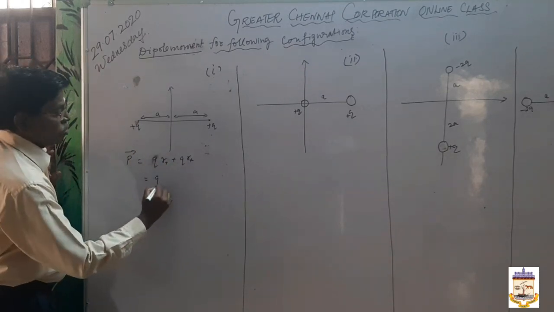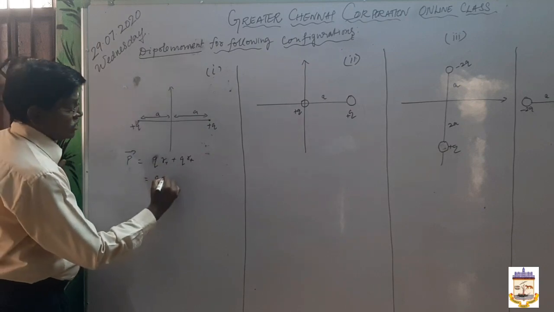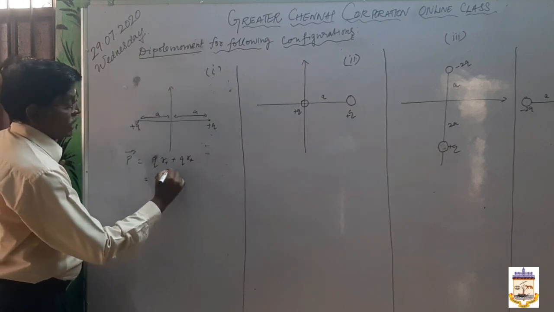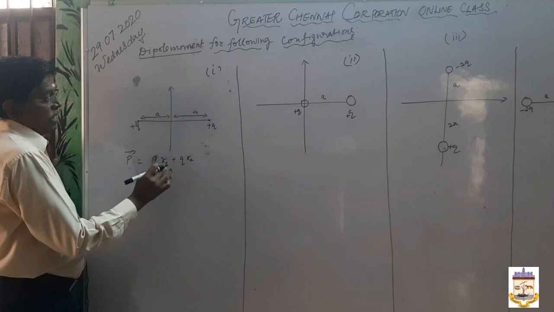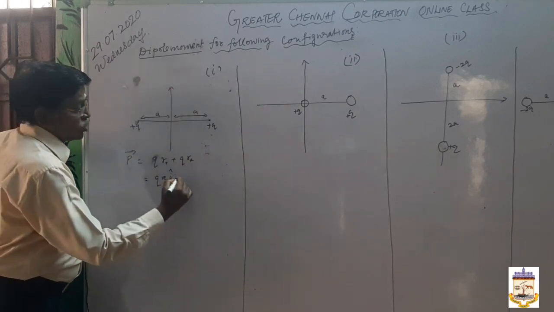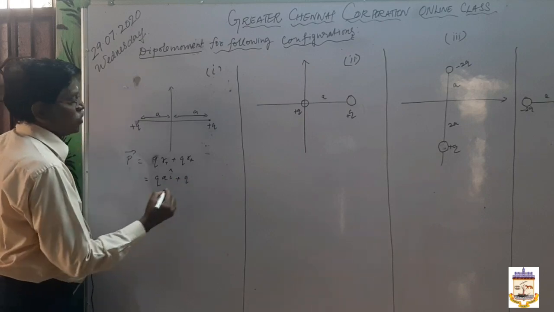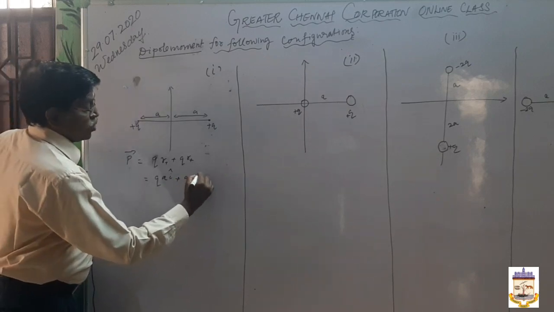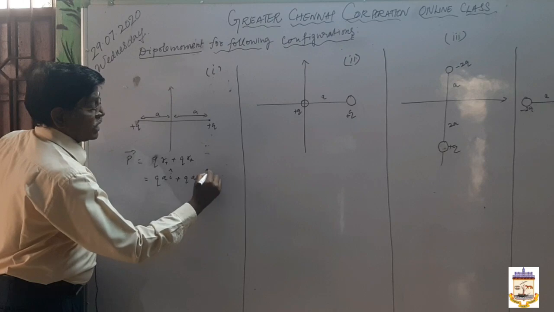So now q into position vector can be written as a into i cap for this positive charge, plus q into a into minus i cap for the other positive charge.